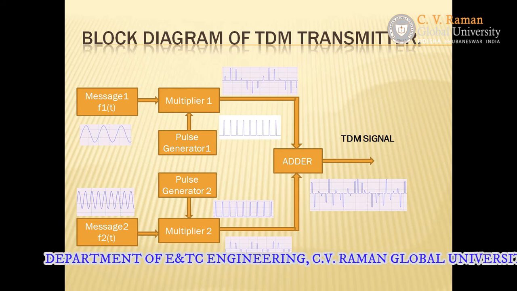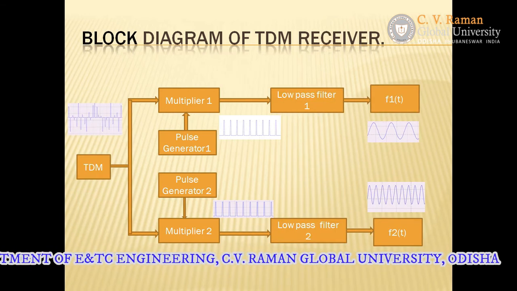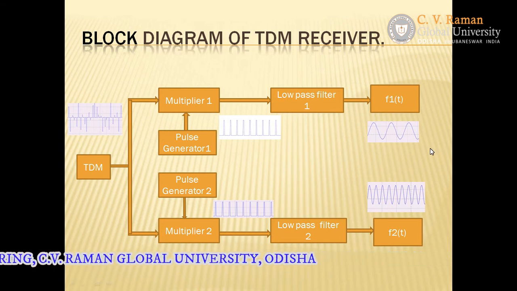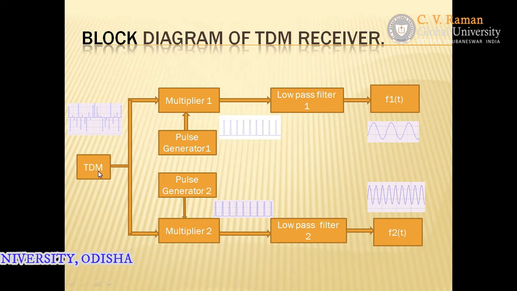Then we'll switch to the receiver section. And if you see the receiver, how are we getting back the original signal? We are getting back the original signal by multiplying this TDM signal with train of pulses 1 so that we are getting the sample 1. Again we are multiplying the same TDM signal with the train of pulse 2 so that we are getting the sample 2.